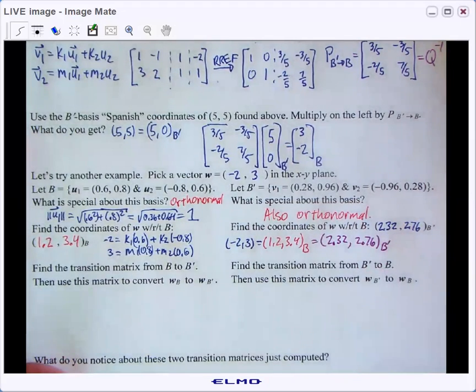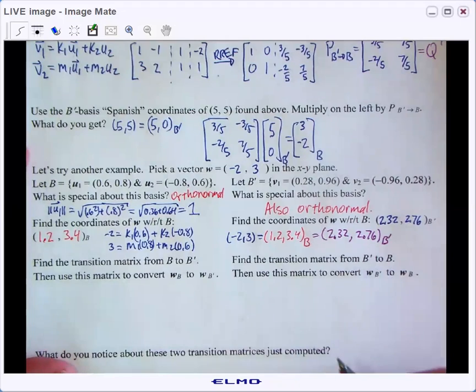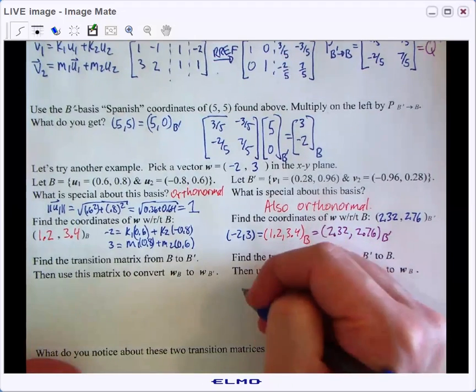Okay. Next up, we want to find the transition matrix from B to B prime and B prime to B. Okay. I went ahead and found those.